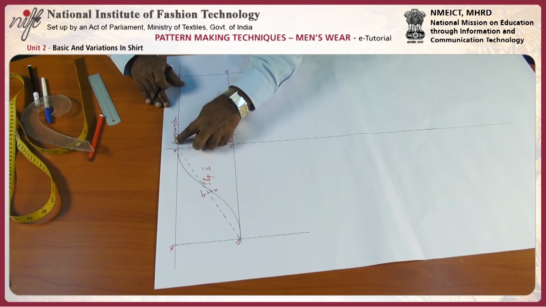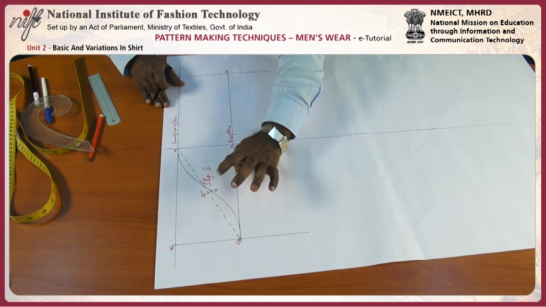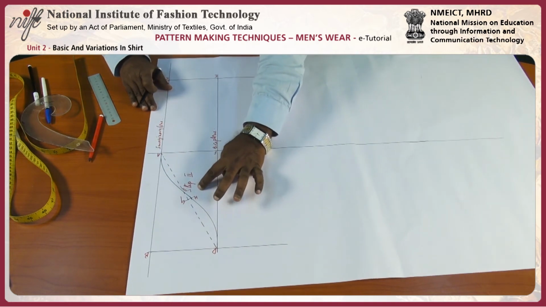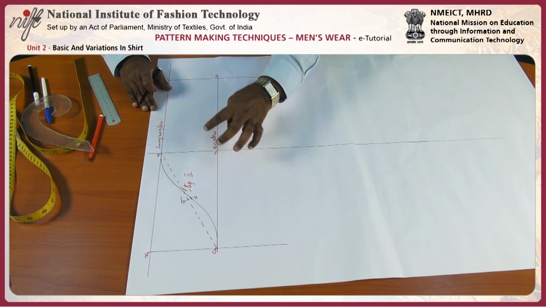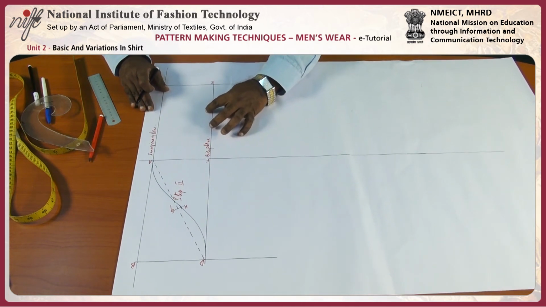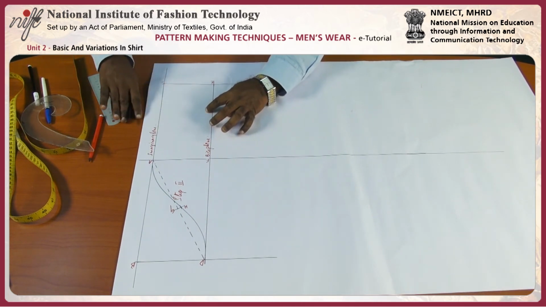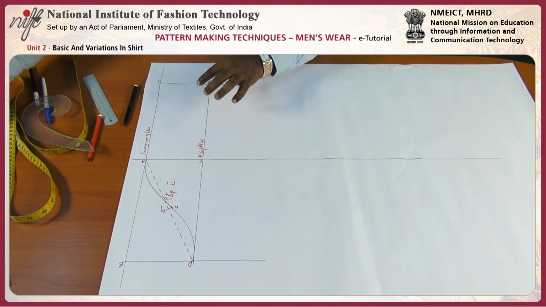This should be one continuous curve. Repeat this for the other side with the following measurements.